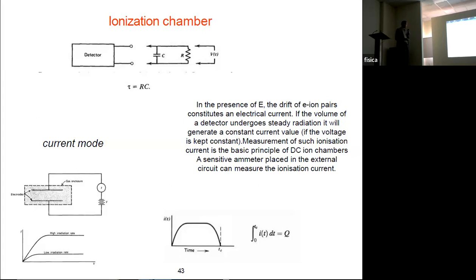In current mode, you collect all particles over a very long period of time, which is represented by this parameter called tau, which is RC, the resistance R multiplied by the capacitance C. In this case, you get current over time, you integrate, and you get charge.